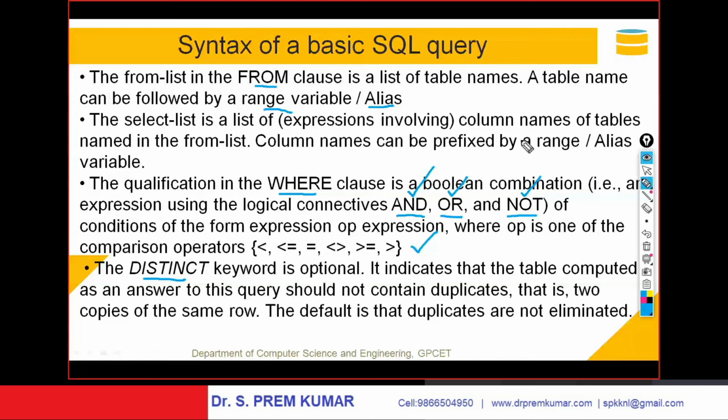So in the basic select clause of the syntax of an SQL query, from is followed by the table name, and the table name is followed by a range variable or alias. You can write expressions with the select statement. With the where clause you can check conditions and perform horizontal fragmentation. You can use logical operators AND, OR, NOT, and relational operators less than, greater than, less than or equal to, not equal to.